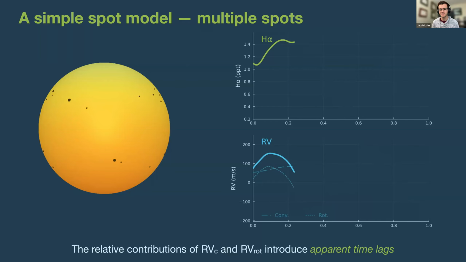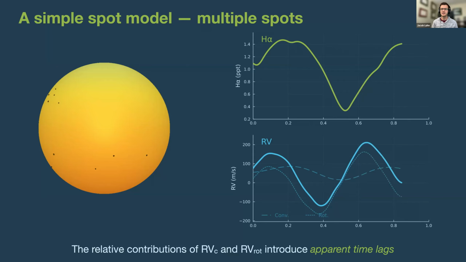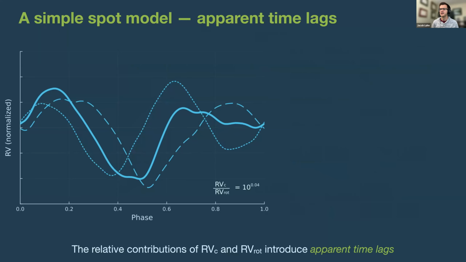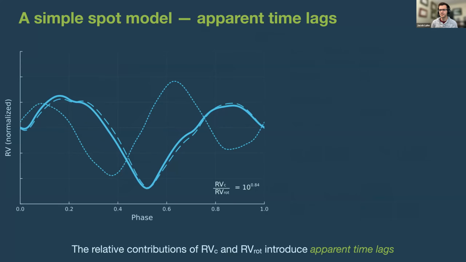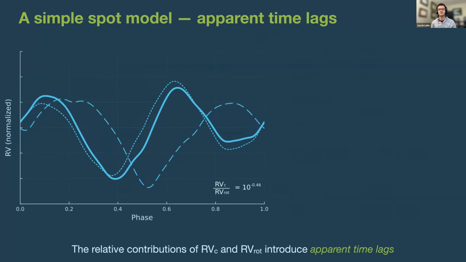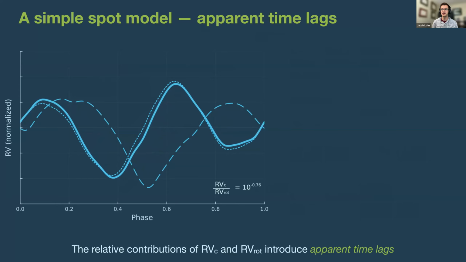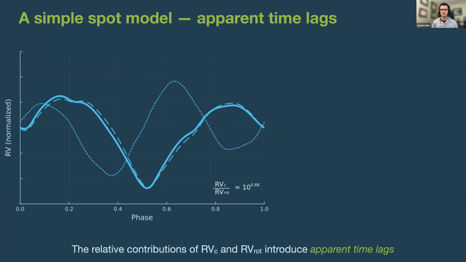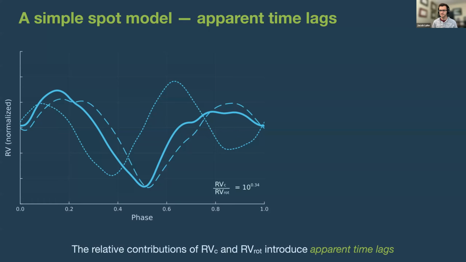And depending on the relative contributions of the convective and rotation components, that time lag can be either increased or decreased. And just as an animation of how that effect works, as we are changing the relative strength between the two, the total RVs follow more like, in this case, the rotation, or now we see it closer to the convective component.